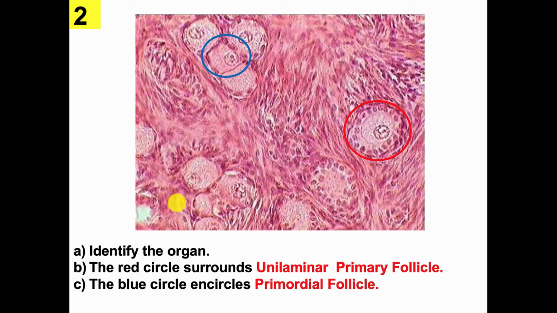Now identify the organ. Of course, these are multiple follicles present in a connective tissue stroma, showing these spindle-shaped cells, and these are the ovarian follicles. So this is the ovary. The red circle surrounds this ovarian follicle.